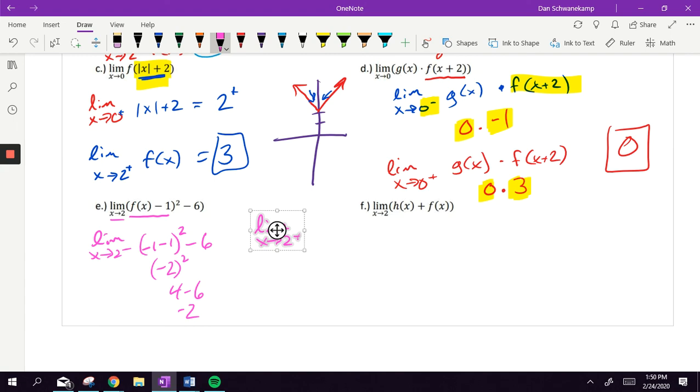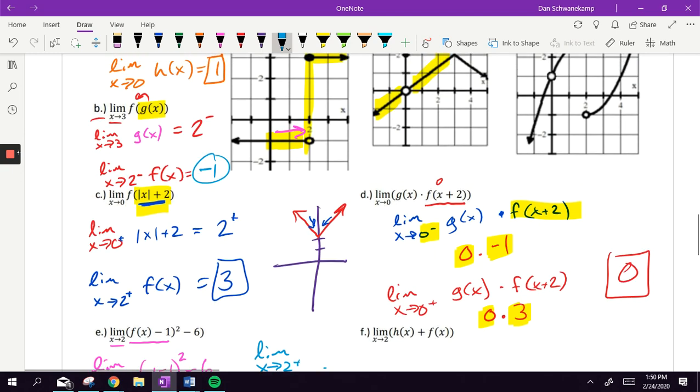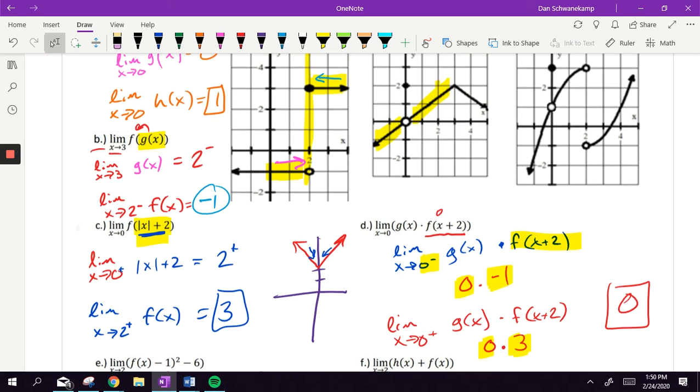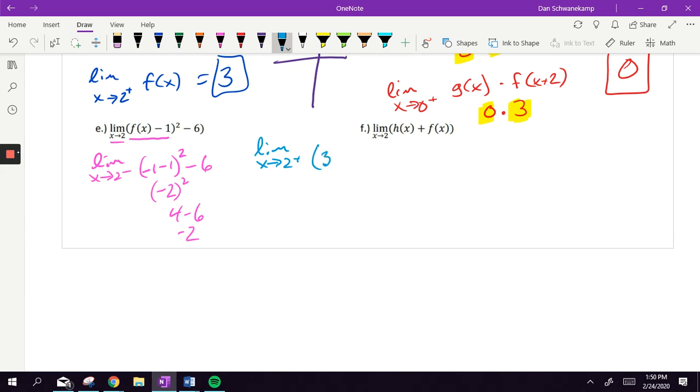And so I'm trying to see if this one's going to work. And so limit as x approaches 2 from the right side of f of x. So if I approach 2 from the right side, I'm getting closer and closer to 3. So this is 3 minus 1 squared minus 6. That's 2 squared. It's 4 minus 6. That gets me negative 2. Since both sides are equal to each other, my answer is negative 2.